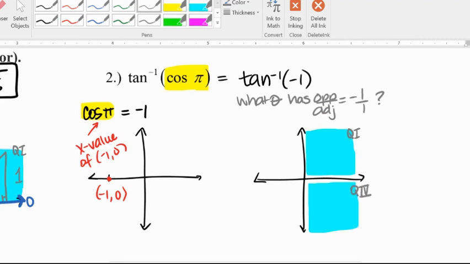Again, you can draw both triangles, but in this case, for opposite over adjacent, because we want the ratio to be negative, we're going to lean more towards quadrant 4 because that's the one that can give us a negative value. Okay, so we want opposite over adjacent to be -1/1.